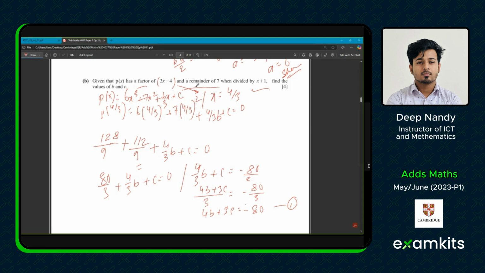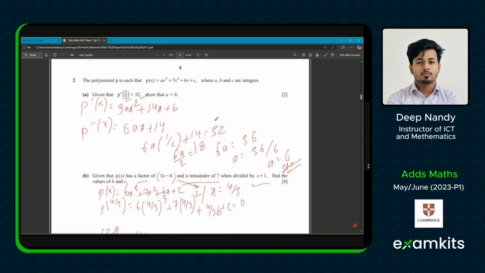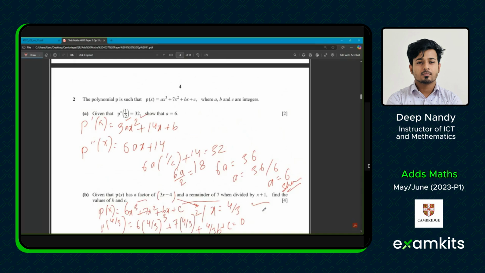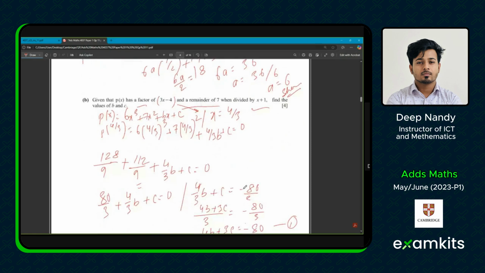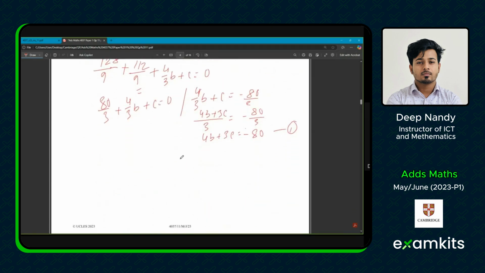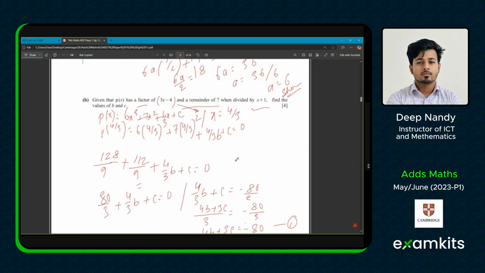Secondly, we are given that if we divide by x plus 1, we get a remainder of 7. That means if we put the value x equals minus 1, we get a remainder of 7.